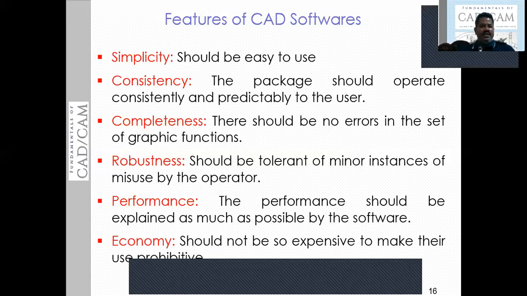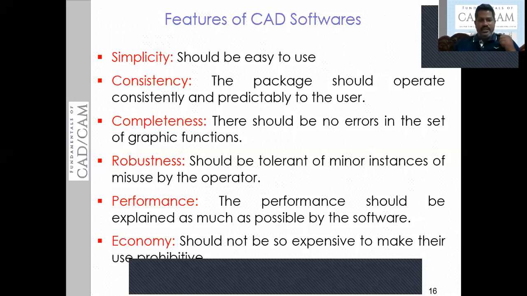It must have completeness. Sometimes it works well and sometimes it may not work well, so it must be complete enough to use, meaning it should work without any errors. Then it must also be robust in its nature, so it should be tolerant of some errors.